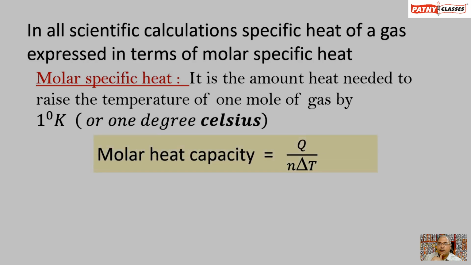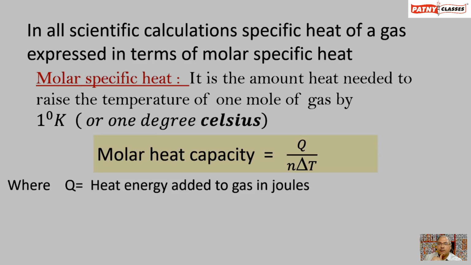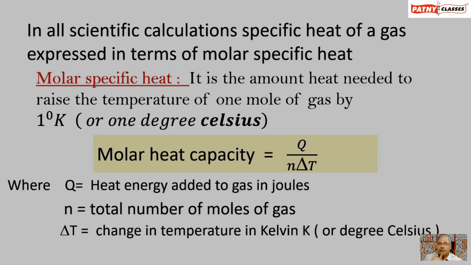Therefore, molar heat capacity equals Q divided by n divided by delta T, where Q is the heat energy added to the gas in joules, n is the total number of moles of the gas, and delta T is the change in temperature in Kelvin, or it can also be in degrees Celsius.